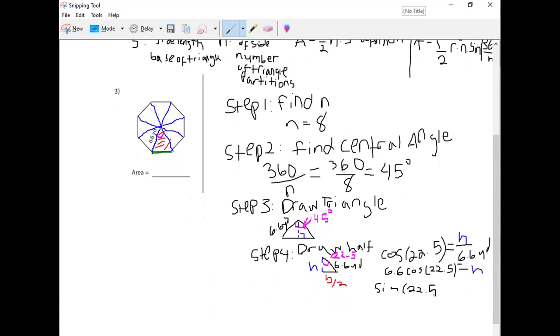equals not really my base, but half of my base, half of my side length. So I'm going to say base over 2 over 6.6 yards, base over 2 just so I remember that is half of it.